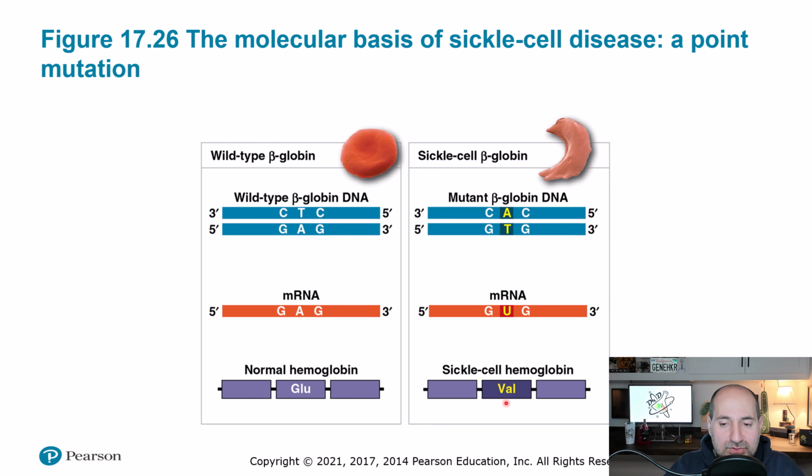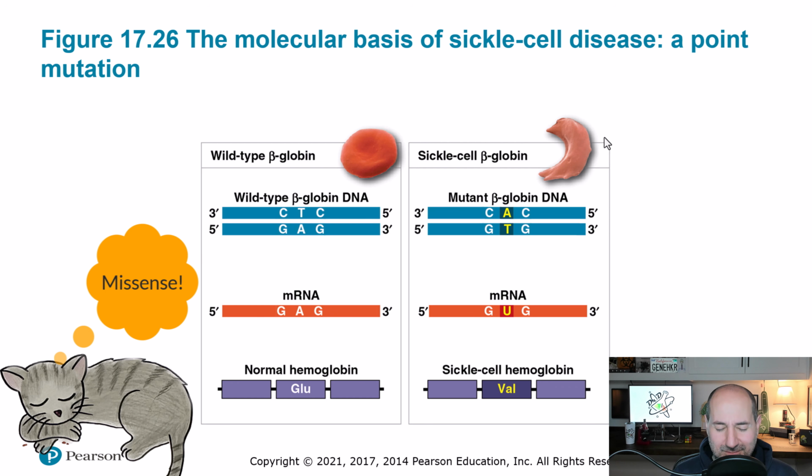And remember, that was the whole reason that the sickle cell phenotype occurred. Let me ask you this. Can you beat Wicket? What type of substitution mutation is this? Is it silent? Is it missense? Or is it nonsense? That's right, Wicket. It is a missense mutation, you guys.